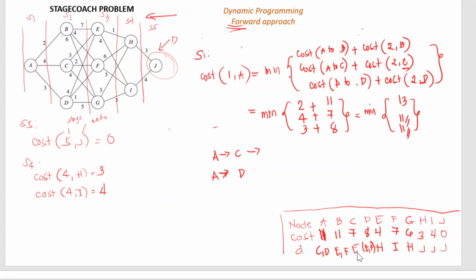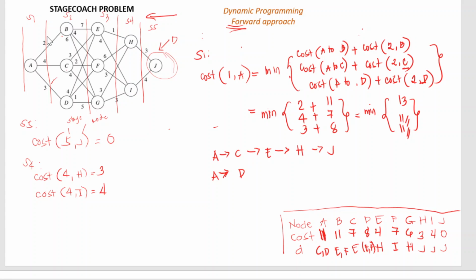Next, in C, I would be going to E. Okay? And then from E, looking at E, I have H. Looking at H, I have J. Okay. So this is my path. So, trying to solve how long the path is, looking at the original table, guys, not here. Okay.